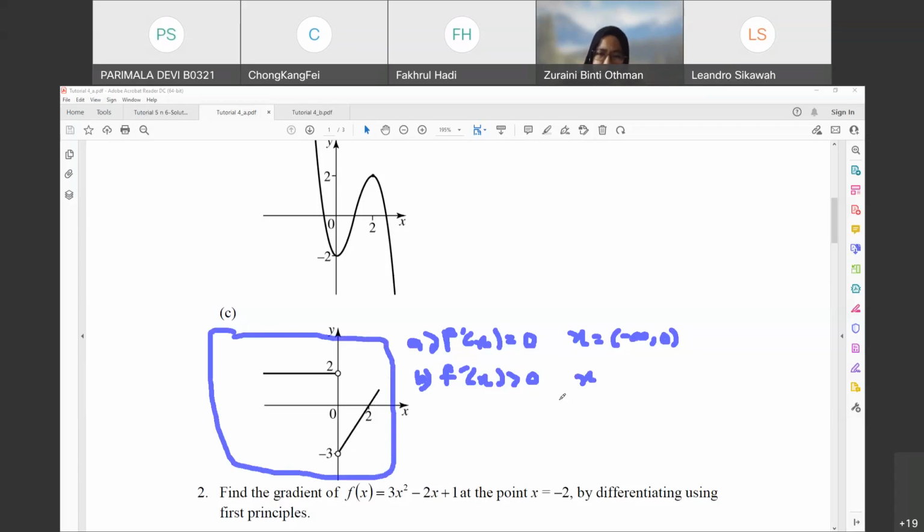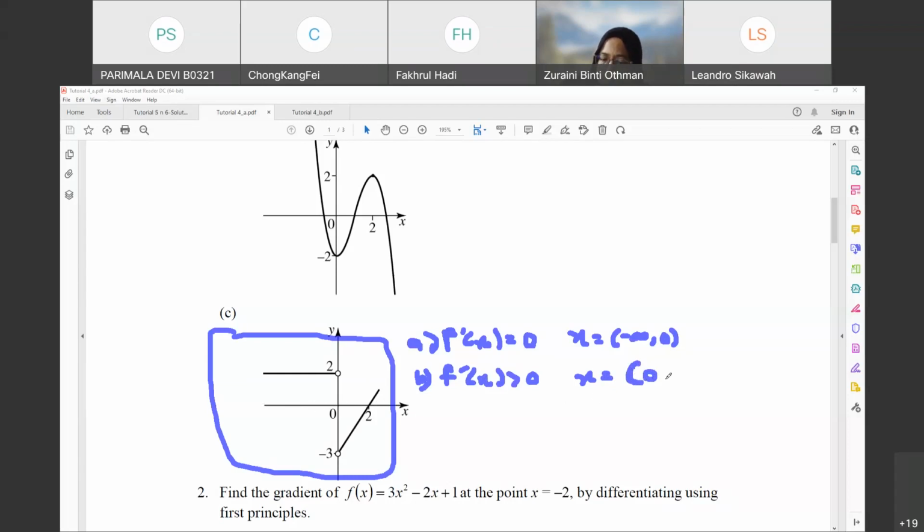0 to... X referring to the X value. It's not Y. Kata X ni kat sini sampai 0 to 2. Okay. It will become 0, ini nampak tak?